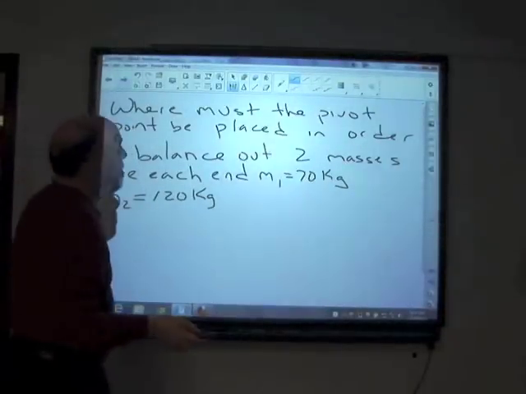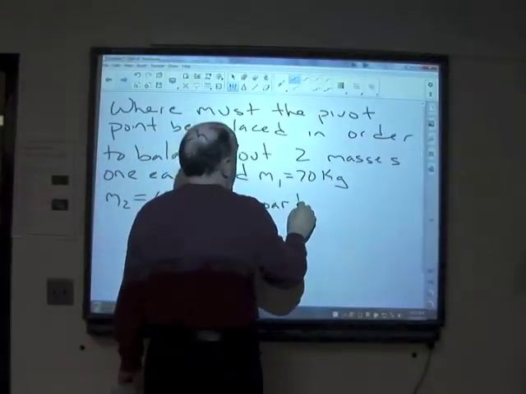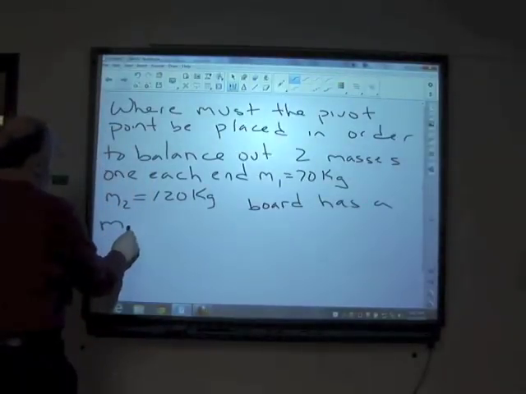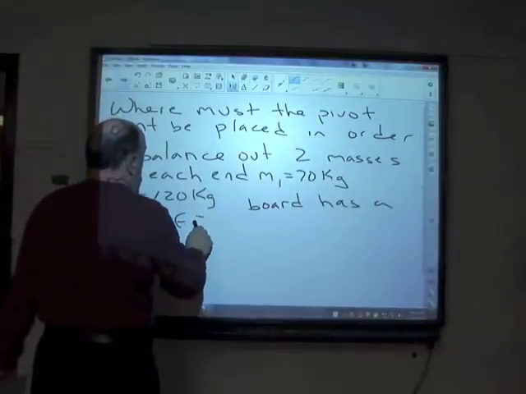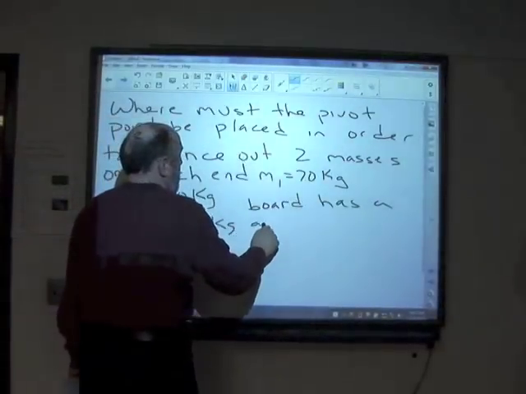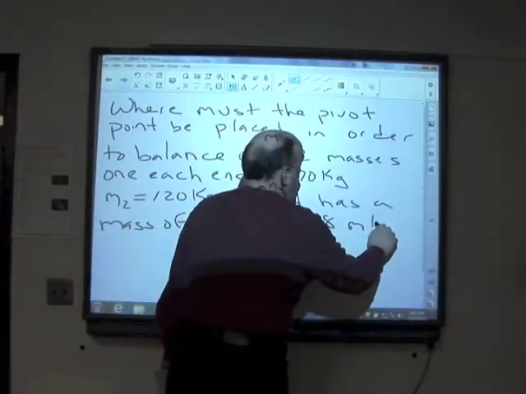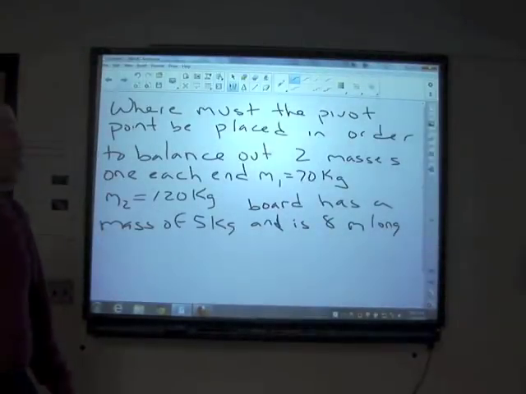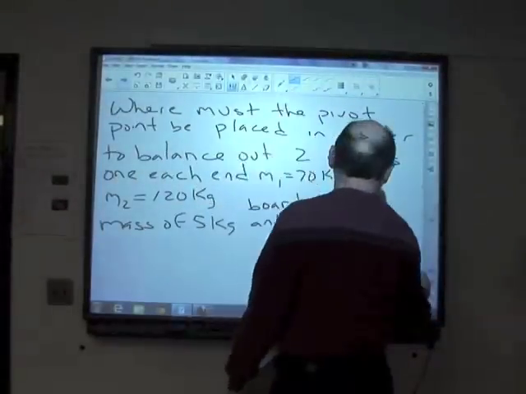And then also the board has a mass of 5 kilograms and is 8 meters long. Okay. So we want to figure out what's going to happen in this scenario in terms of where that pivot point has to be so that the system is totally balanced.